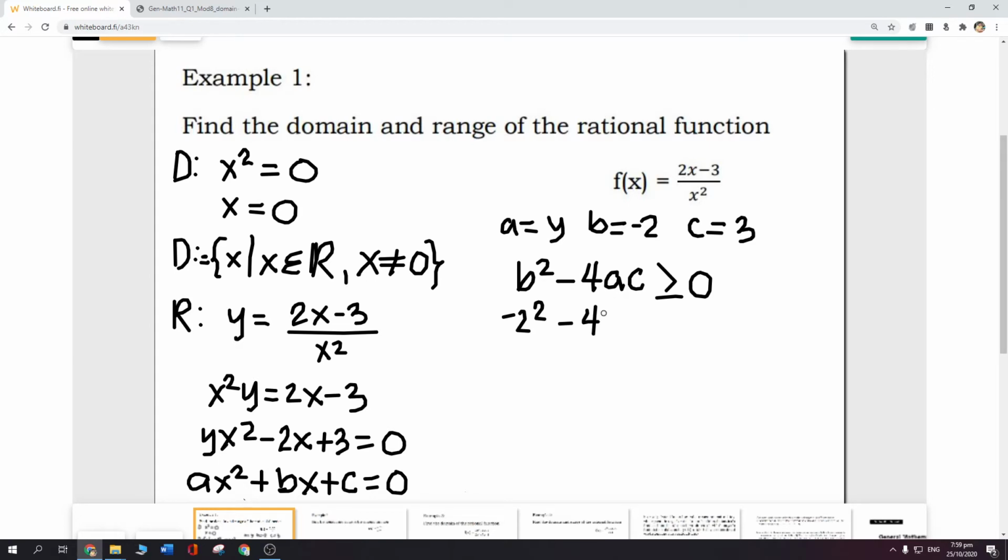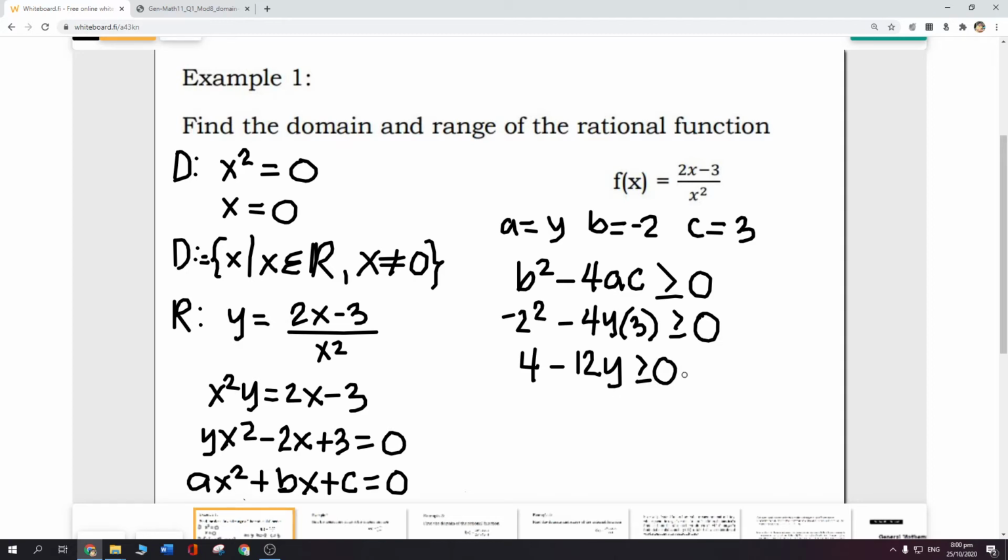Our a is y, so we have times y, times c, which is 3, is greater than or equal to 0. Negative 2 squared is 4, minus 4 times 3 is 12y, greater than or equal to 0.